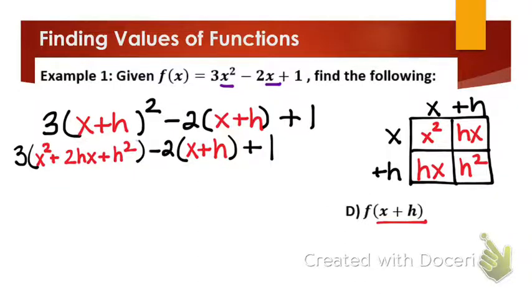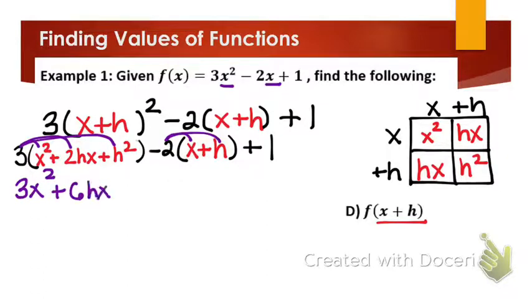Okay. So go ahead and distribute out that 3. Multiply everything in this parentheses by 3. And then everything in the second parentheses by negative 2. So 3 times x squared is 3x squared. 3 times 2hx would be 6hx.